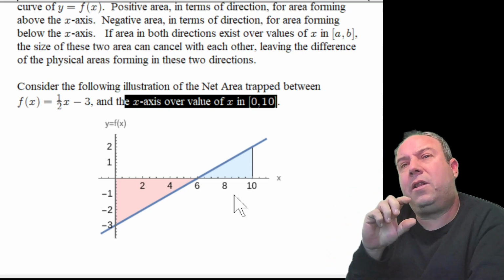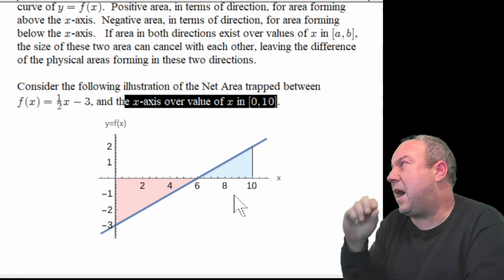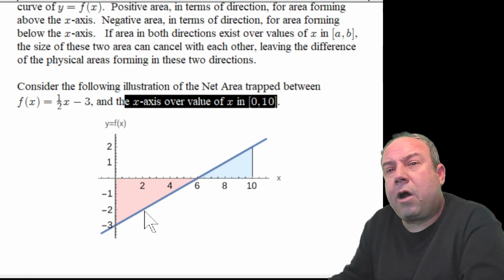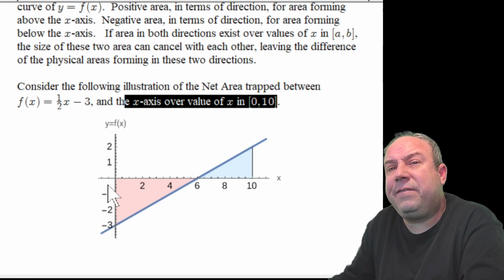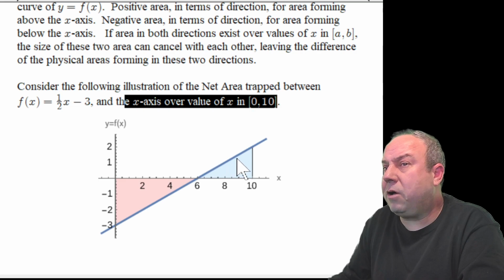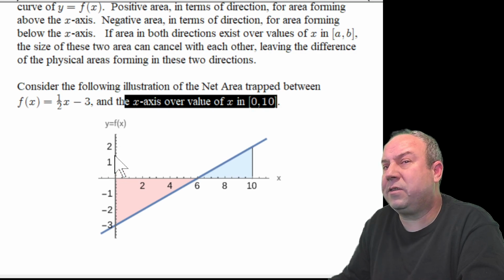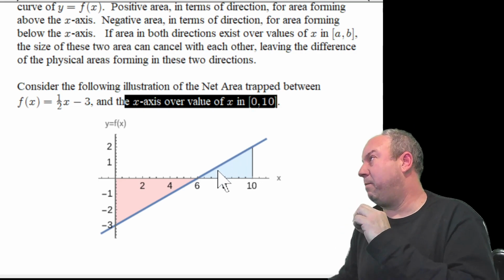Negative because all of the heights of our subintervals are going to give us negative values along this vertical axis, whereas these are all going to yield positive values for net area because all those subintervals will yield positive values along this vertical axis for the height of those bars.